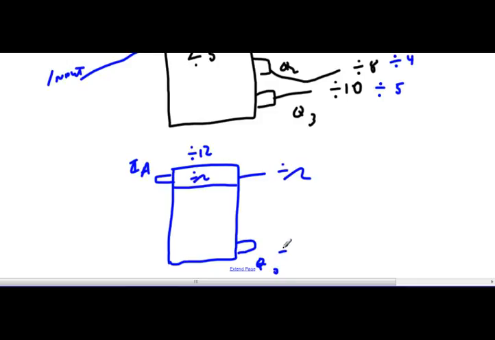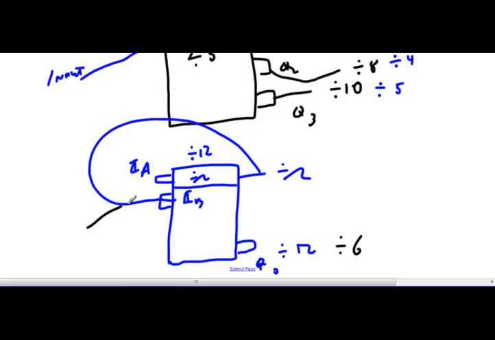We could have a divide by 12 if we brought him into the other input spot, input B. Or we would have a divide by 6 if my input just came in directly. All right, so we can have those guys.